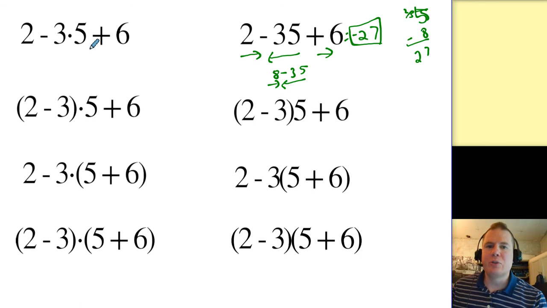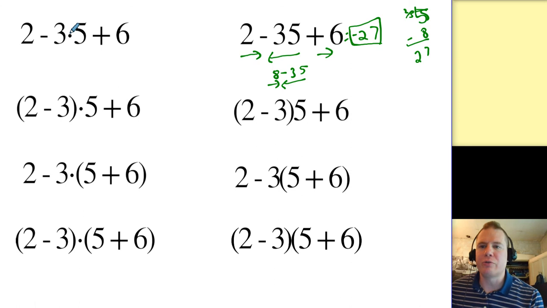This problem is doing a similar thing, but instead of 30 plus 5, it's 3 5s. I have 2 moving forward. I have 3 5s all in the backwards direction. 3 5s is 15. So I'm backing up 15. And then going forward 6.